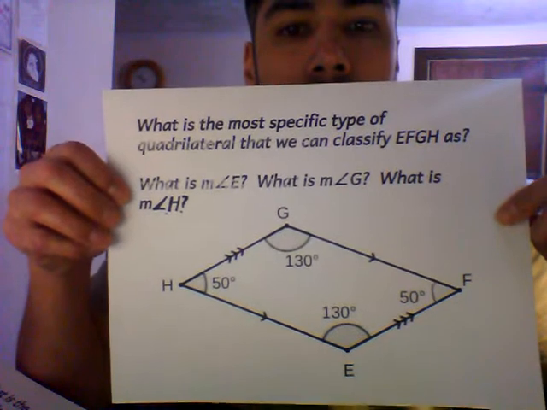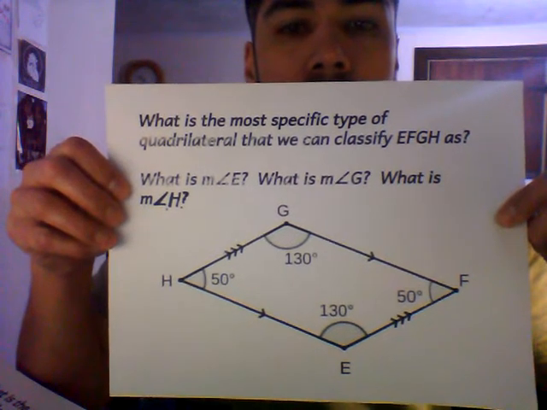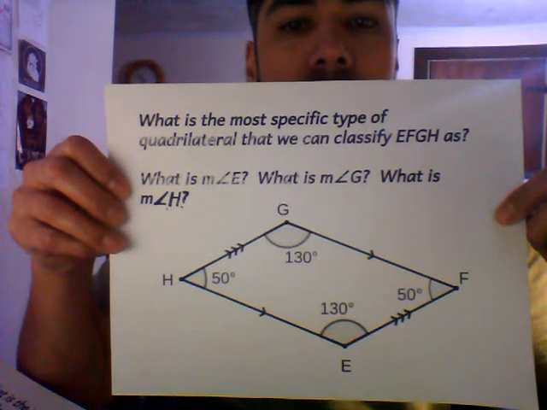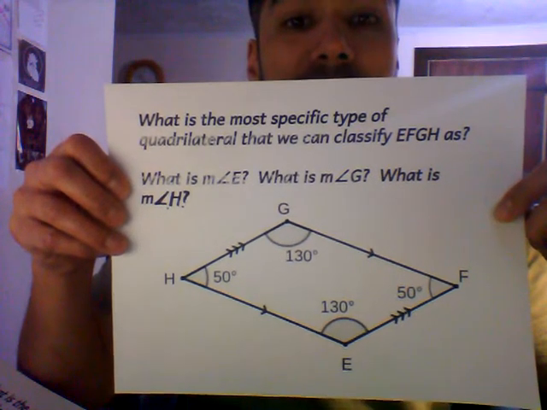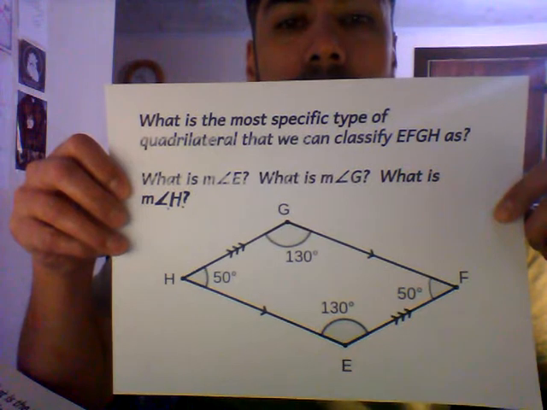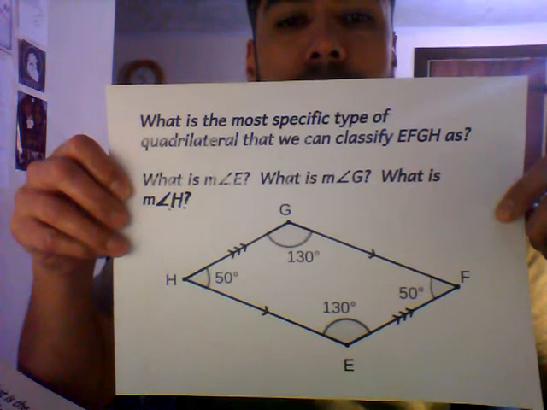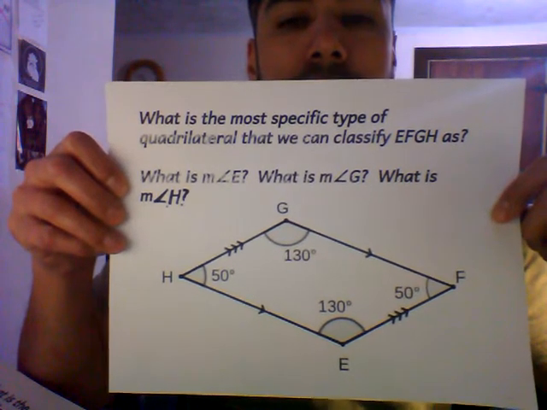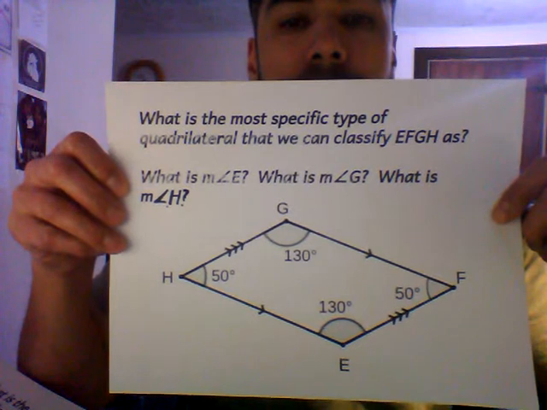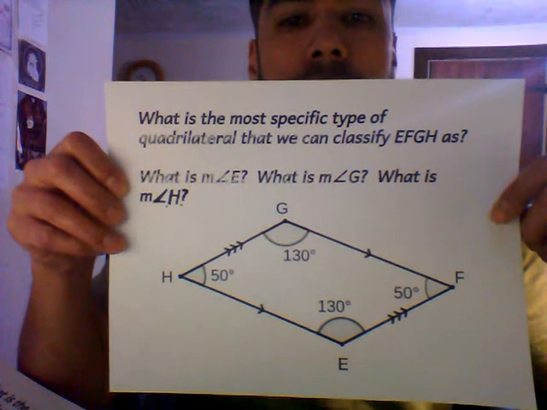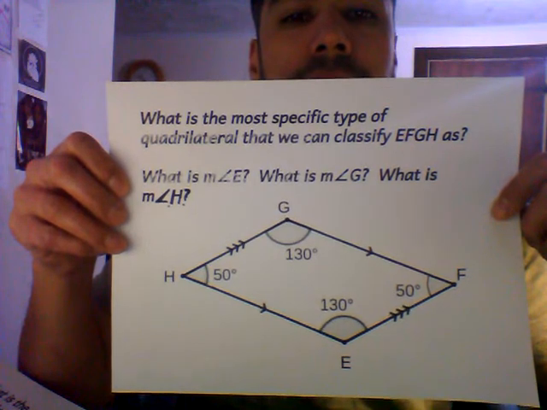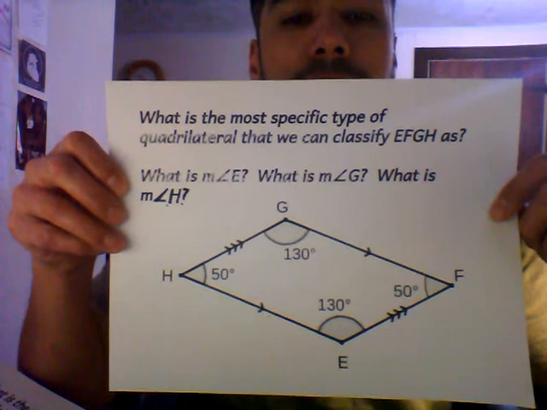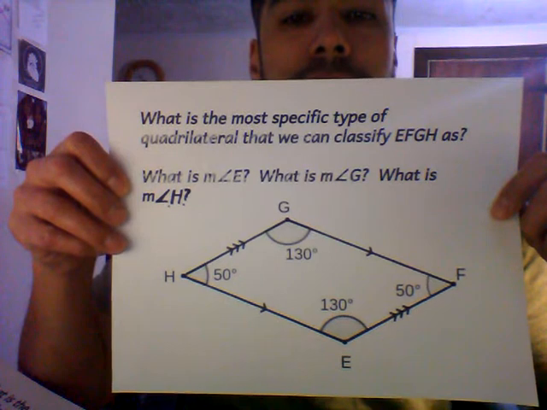Well, if you look at angle F, take a look at its consecutive angles. For example, angle G, it's got to be supplementary with angle F. So it's got to have a measurement of 130 degrees because angle F has a measurement of 50 degrees. And same thing here for angle F and angle E. They've got to be supplementary because segment GF and segment HE are parallel.